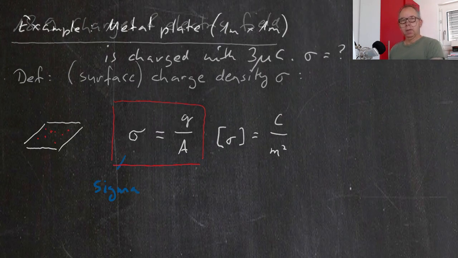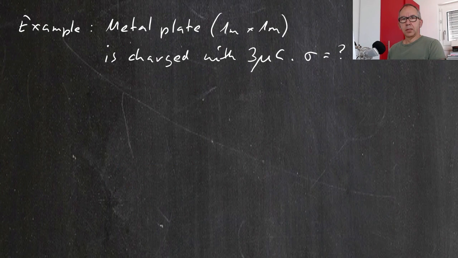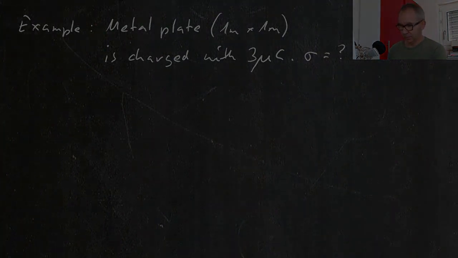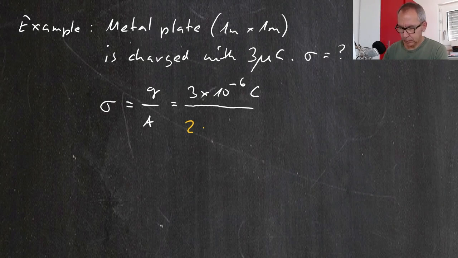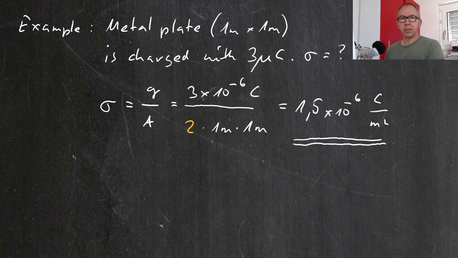Let's do an example. So you have a big metal plate 1 by 1 meter and you put on it a charge of 3 microcoulomb. What's the charge density on this surface? Give it a try. Basically, it is quite simple.